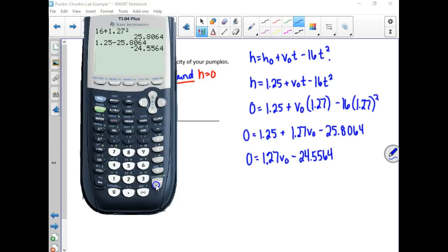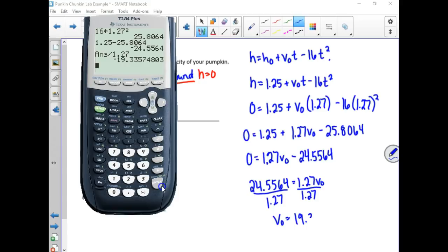And I'm going to move that to the other side, so I've got 24.5564 equals 1.27 times v sub 0, and then I will divide by 1.27 on both sides. So my v sub 0 is going to be 19.336, rounding to 3 places, feet per second.